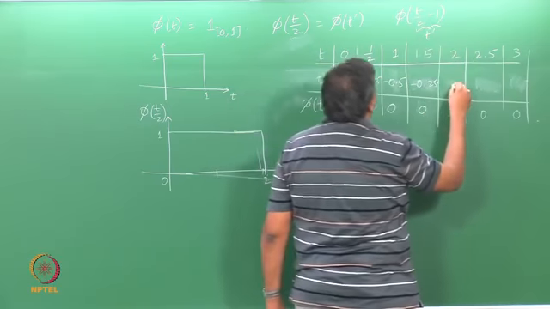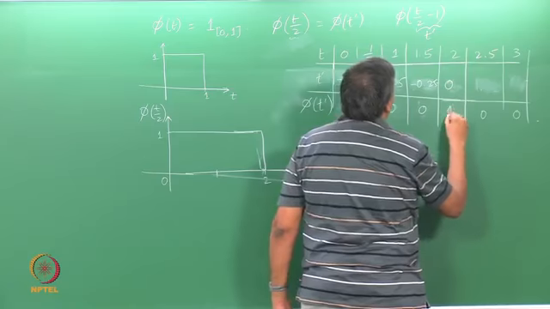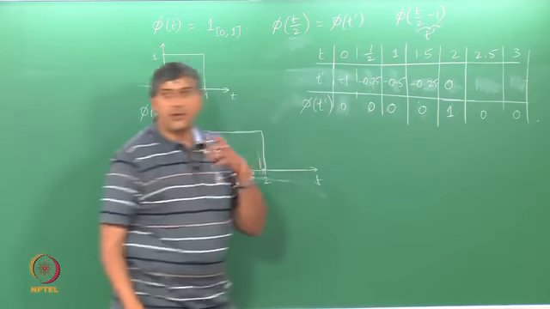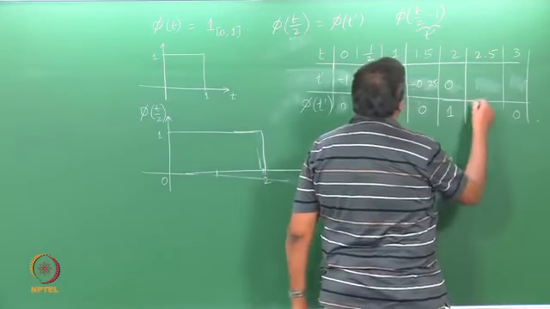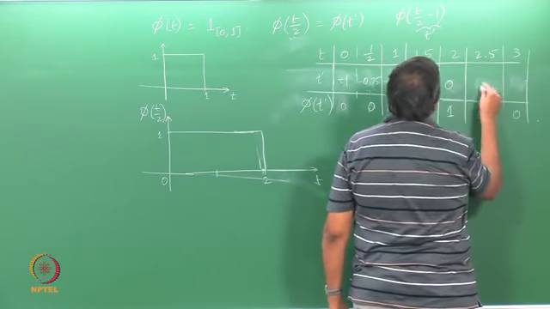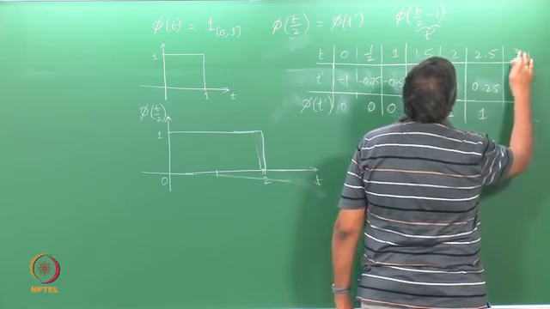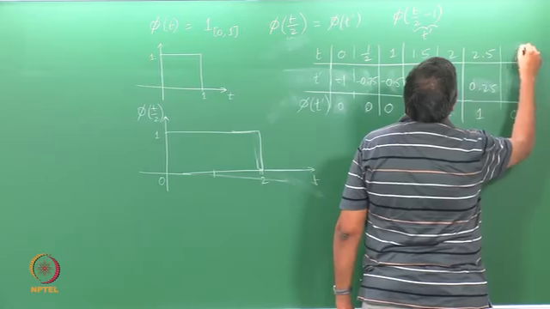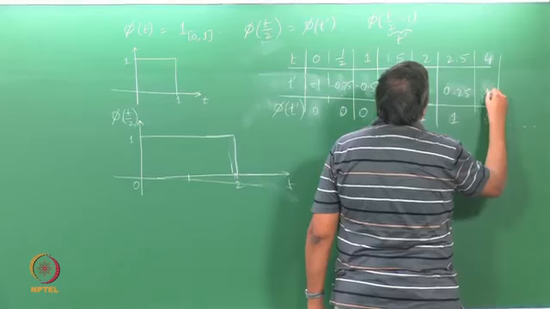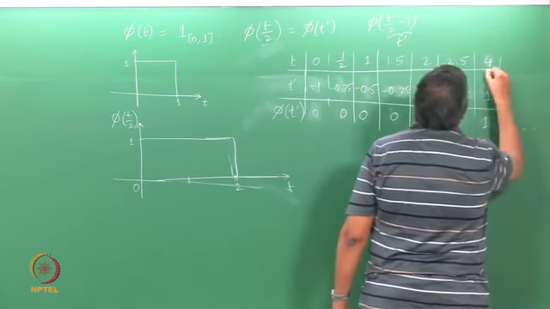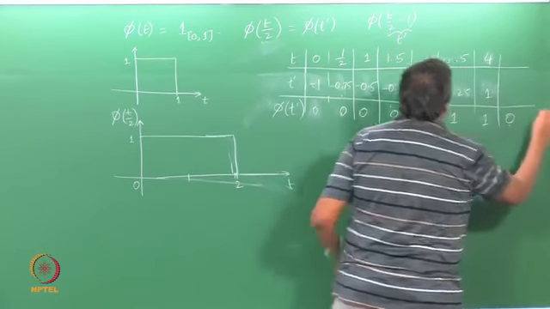When t is 2, then t prime is 0 and that is when the phi of t prime switches on, right. And when t is 2.5, I have here 0.25 and phi remains 1 and so on. So, the last value here at which it remains 1 is t equals 4, at which point t prime is 1 and beyond 4 t prime is greater than 1, as a result phi of t prime is 0.